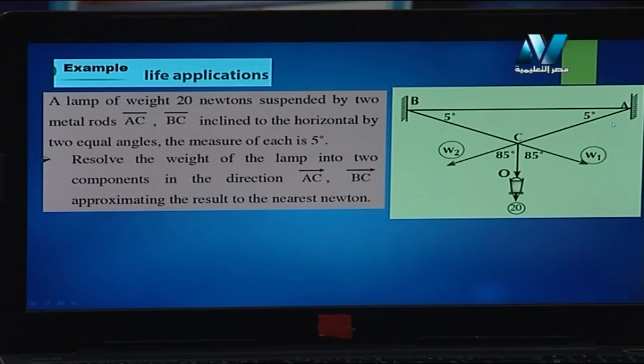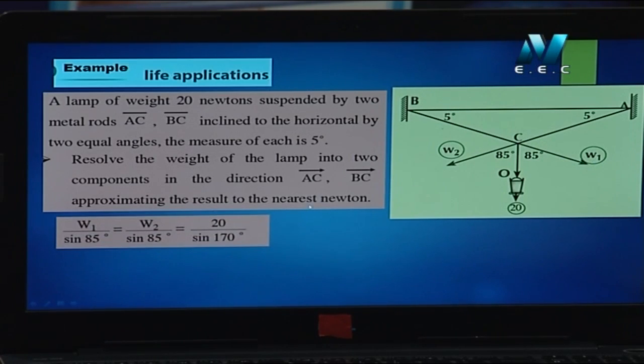We have, as he said, a 20 newton lamp, and it acts downwards because of the gravity of the earth, and we have AC and BC here equal in length, and we have W1 and W2.